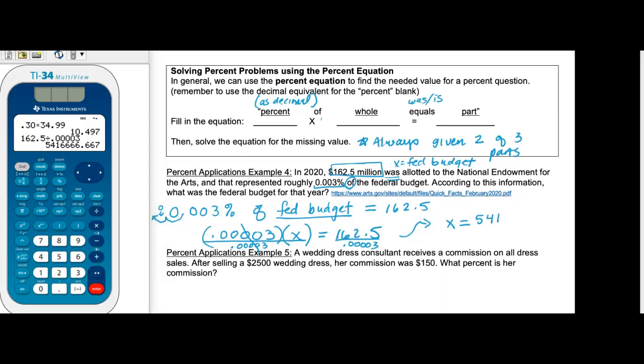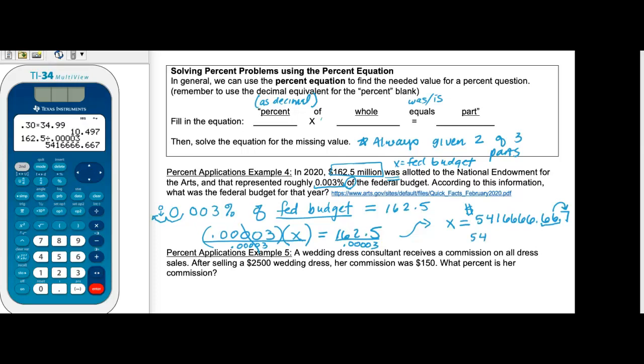And so then we get a pretty big number. 5416666.667. Okay. So remember, we want to always round when we're dealing with money, which we are in this case. We're going to only keep 2 numbers after the decimal place. So I'm going to take this, look at this 6, and I'm going to go 1 to the right of that. The 7 tells me to bump that 6 up to a 7.